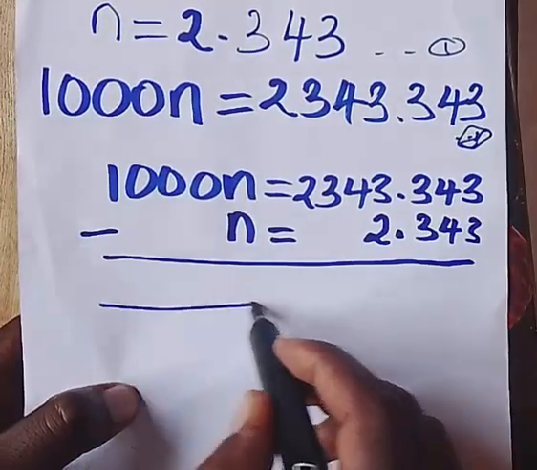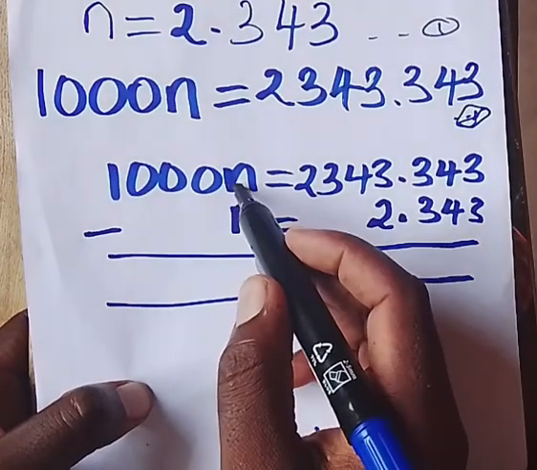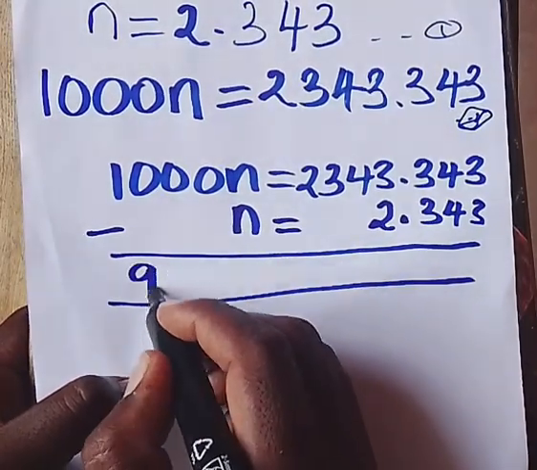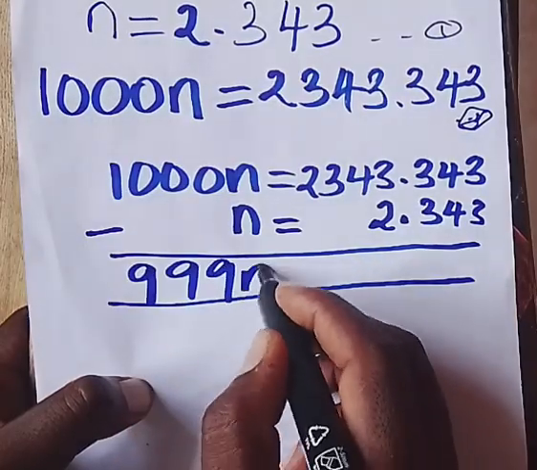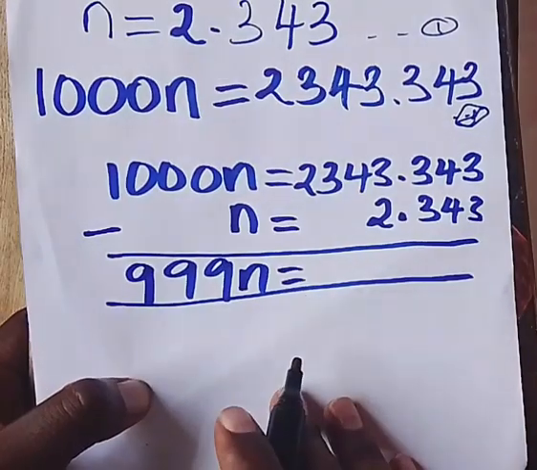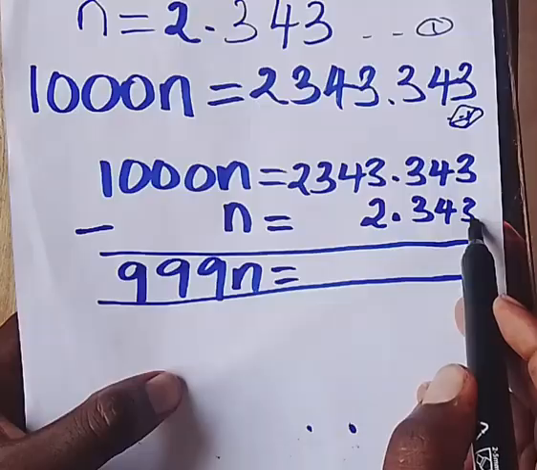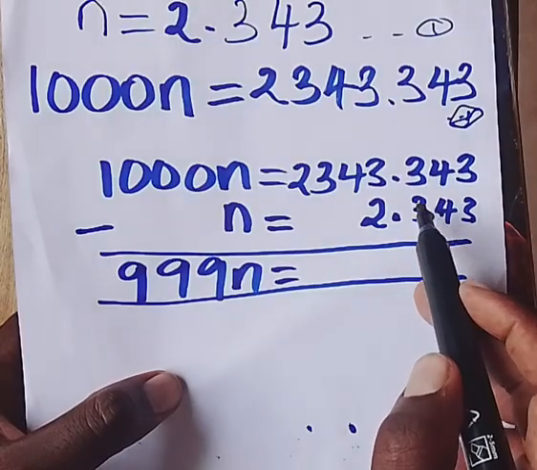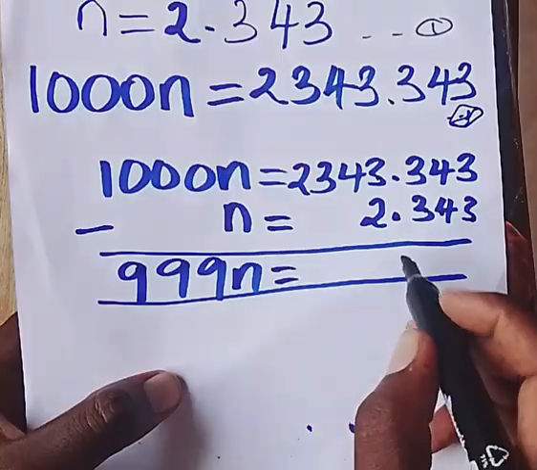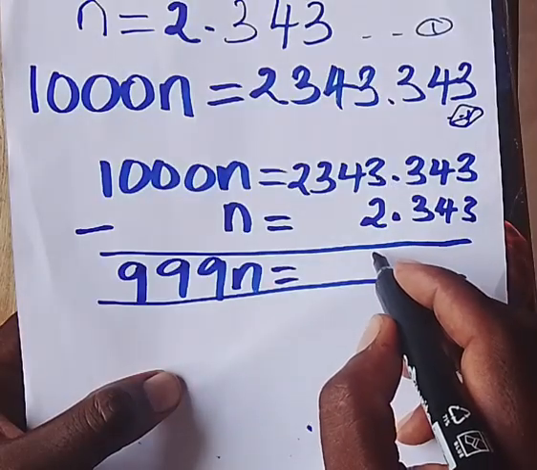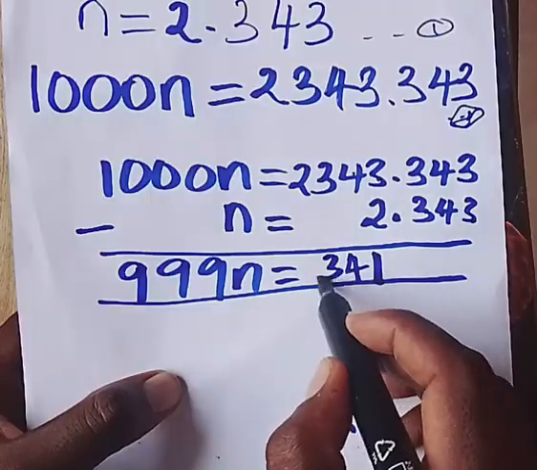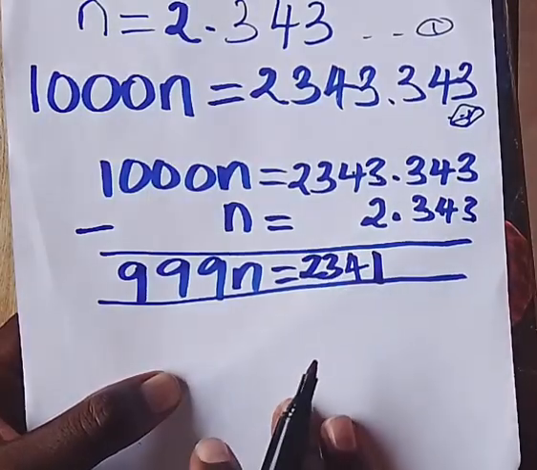We subtract the 2 now. This one is 1,000 n minus n. You remain with 999 n is equal to, this minus this is 0, this minus this is 0, 3 minus 3 is 0, then 3 minus 2 gets 1, then this 4, then this 3, and then 2.